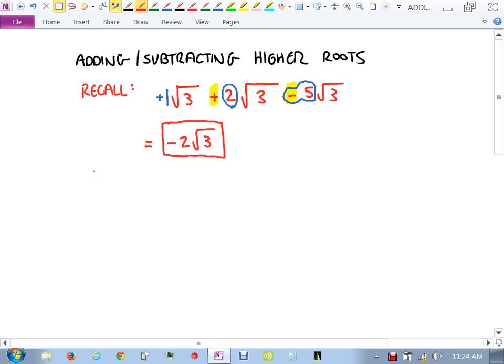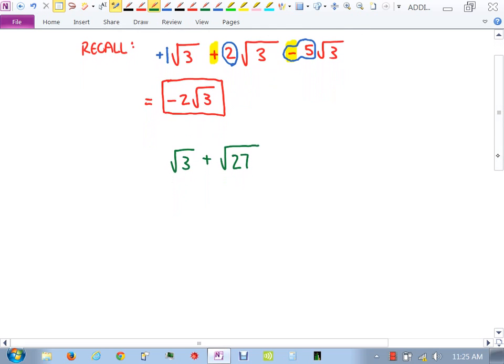Also, remember this as another example. What if we did square root of 3 plus square root of 27? Can you add those together? Not right now, right? Because they're not the same things under the roots. Agreed?